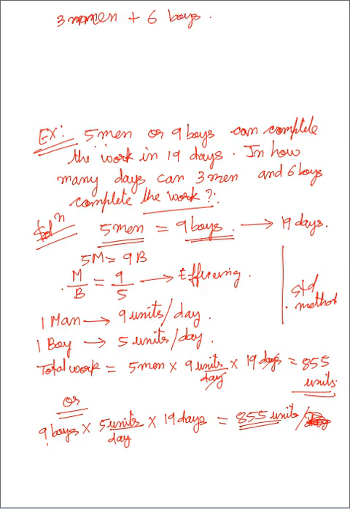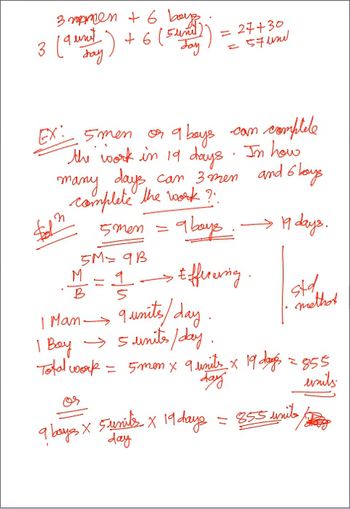So 3 men means 3 multiplied by the efficiency, for men it is 9 units per day, plus 6 boys. Boys' efficiency is 5 units per day. So 3 9s are 27, 27 plus 6 5s are 30. So 27 plus 30, it is 57 units per day.